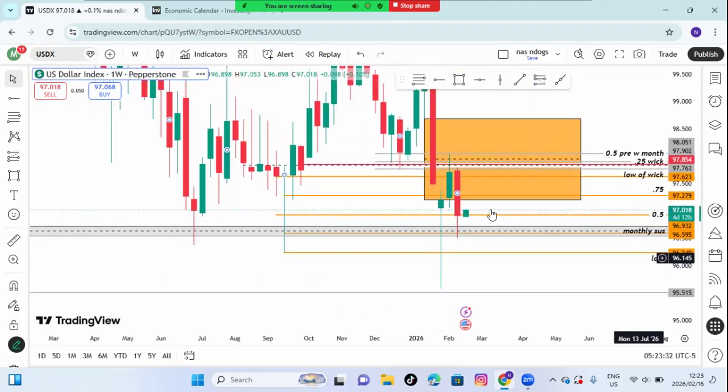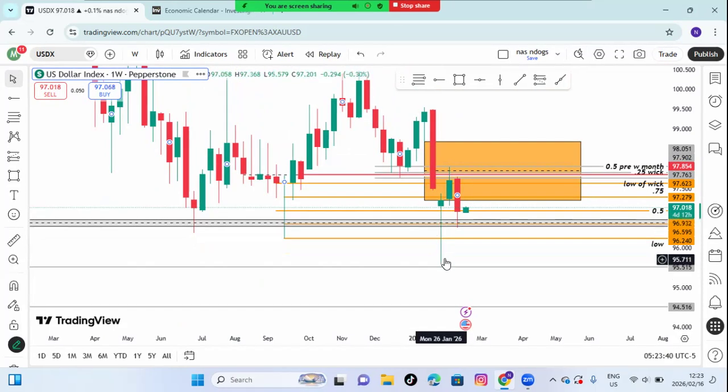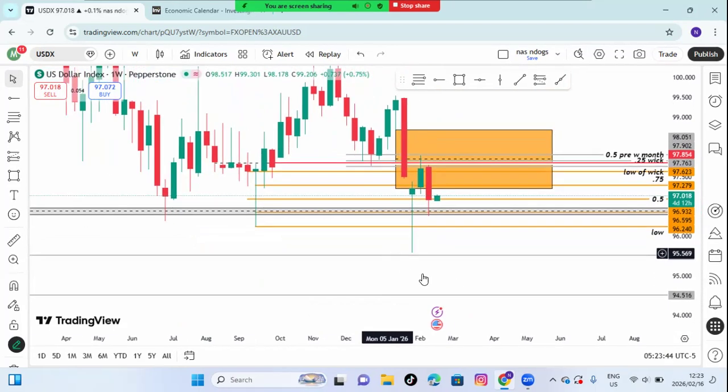From here, we fell into this monthly volume imbalance and falling short of our monthly high probability fair value gap, right? Because the fair value gap has a wick in it, right? So it's very strong. So price is drawing here.